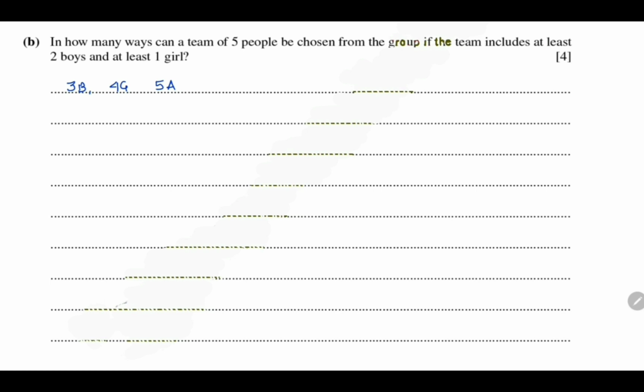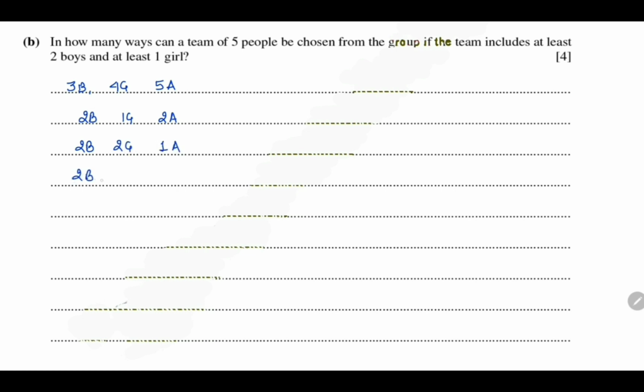At least 2 boys must be there and at least 1 girl, and we have to choose 5. So 2 boys, at least 1 girl, and 2 adults: 2 plus 2 is 4, plus 1, 5. Fine. Now 2 boys, 2 girls, and 1 adult.